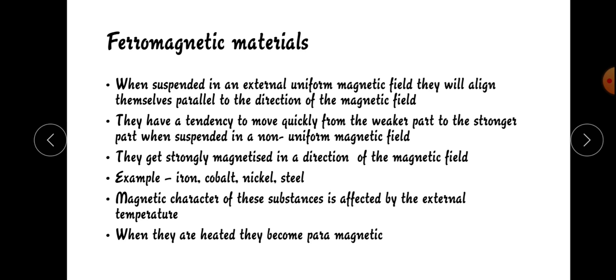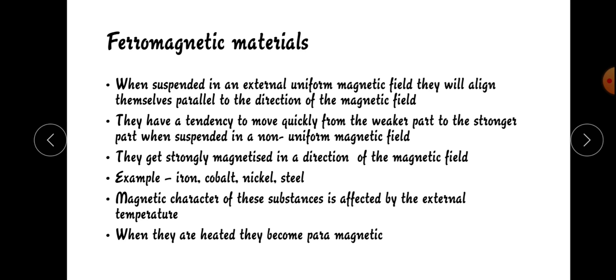They get strongly magnetized in the direction of the magnetic field, whereas paramagnetic materials are only magnetized in that direction. Examples are iron, cobalt, nickel, steel, etc.